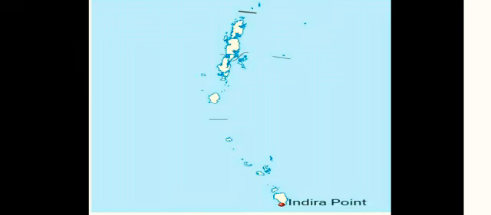But this Indira Point got submerged underwater during the 2004 tsunami. So, the southernmost point of Indian mainland is Cape Comorin, whereas the southernmost tip of Indian Union is Indira Point, in the Andaman and Nicobar Islands.